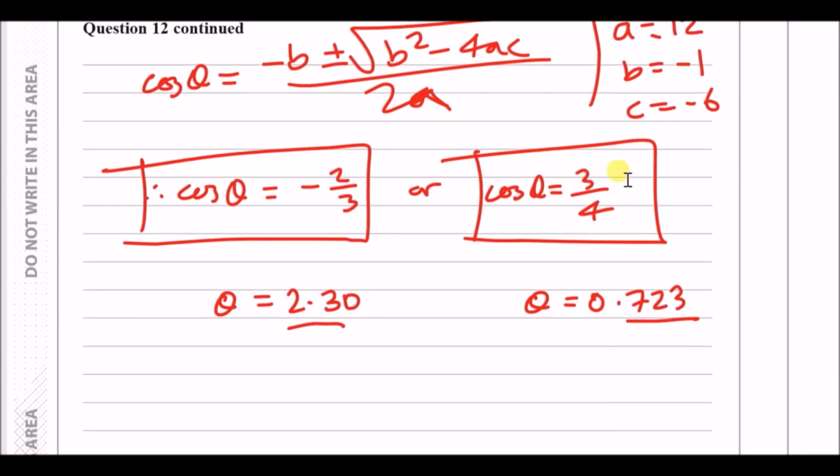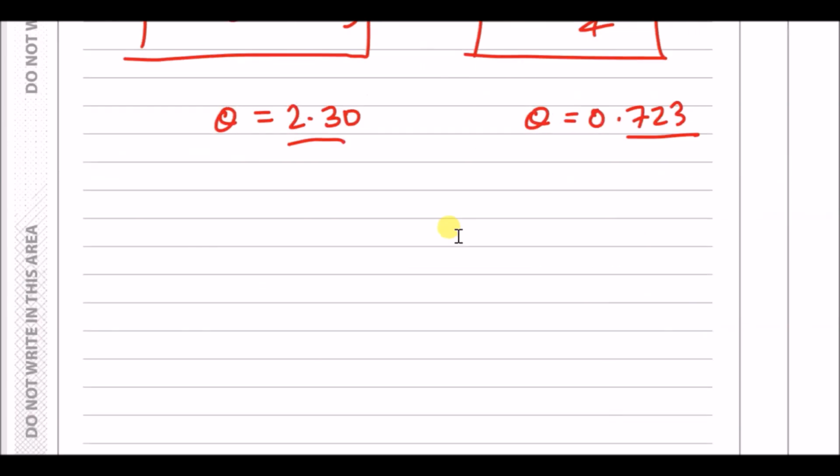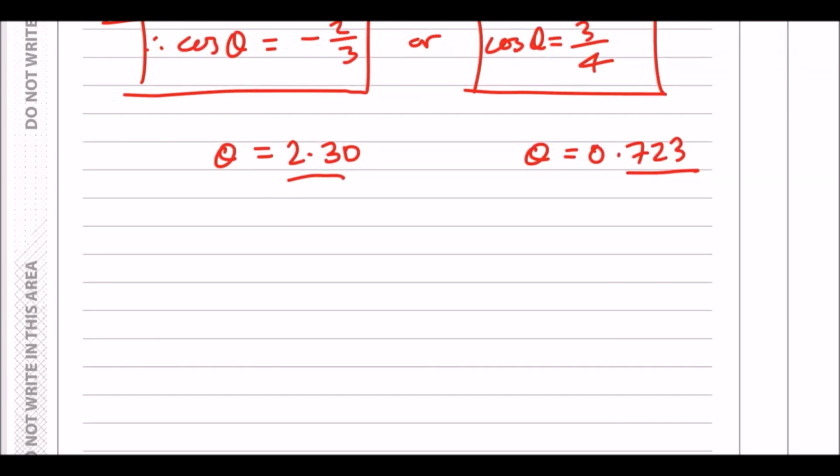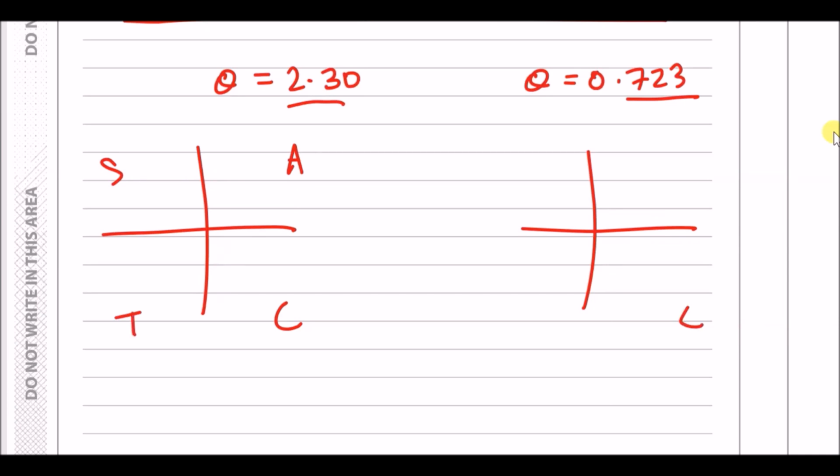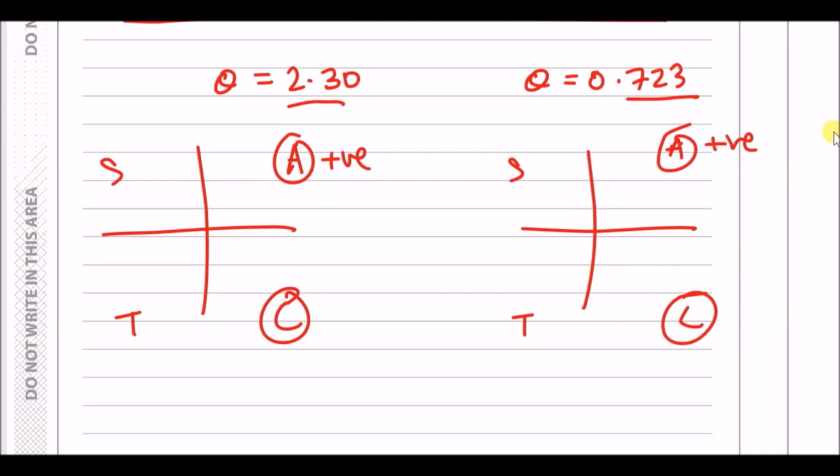Now, we have to ask ourselves, is there any more solutions for both of them? Well, we're going to use a CAST diagram. So let's just do a CAST for this one and a CAST for that one. Because we're working with cos and it's positive results, we're going to use the C's, and we're going to use the A because A only works with positive values, with positive outcomes, yeah?